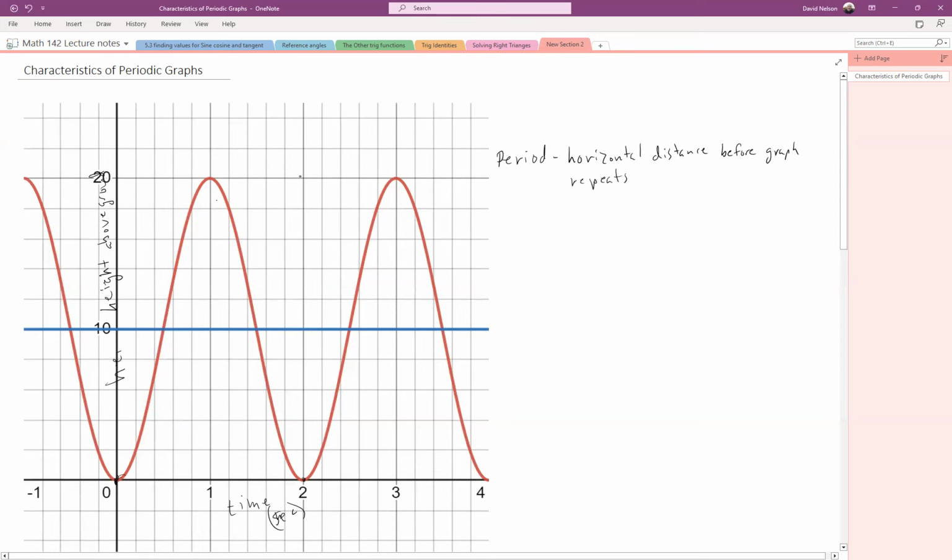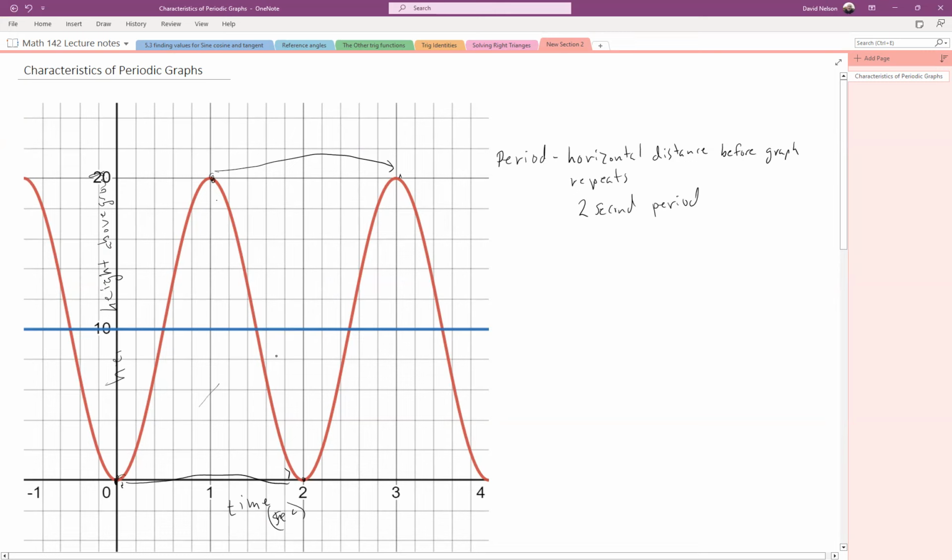In this case, if I go from peak to peak, looking horizontally, what's that distance across there? Or from the valley to the valley down here, from that very bottom to that very bottom, it's 2 seconds in this graph. So our period would be 2 seconds.